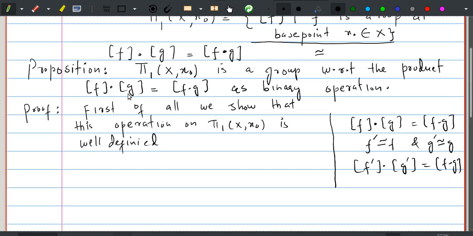One can note that this is definitely a binary operation. Now it remains to prove that it is a well defined binary operation.